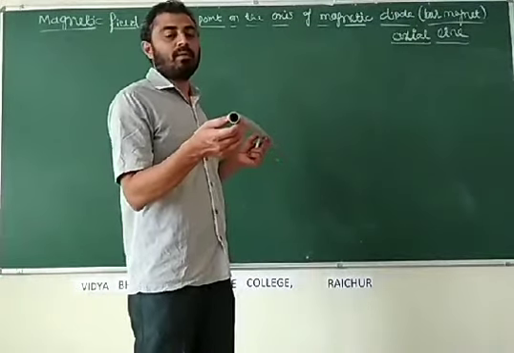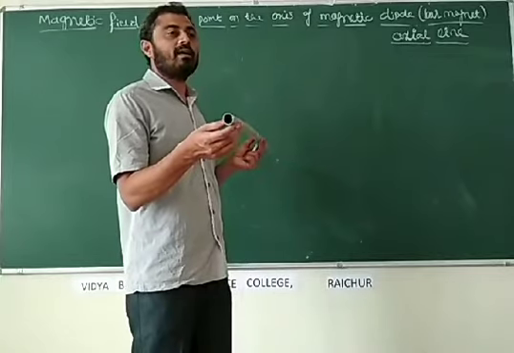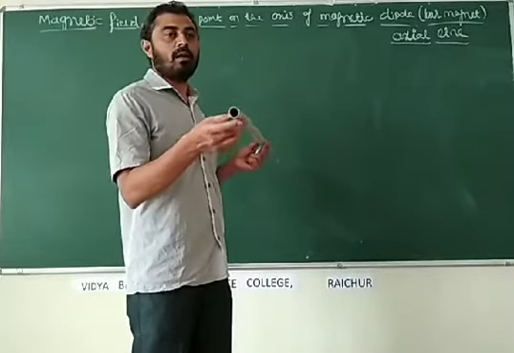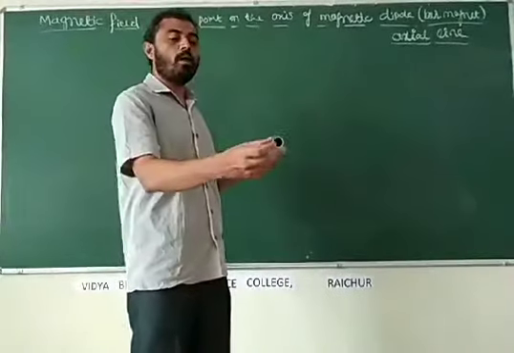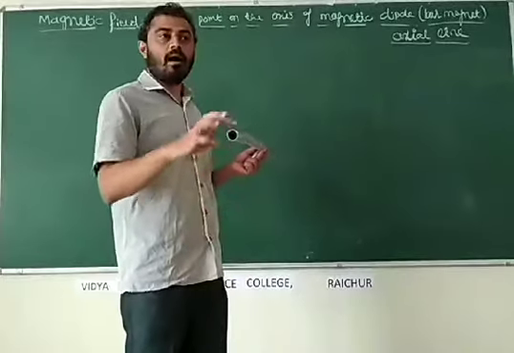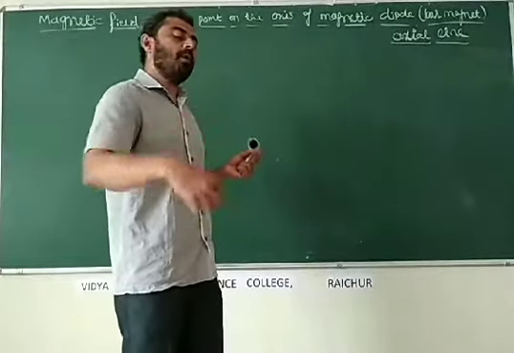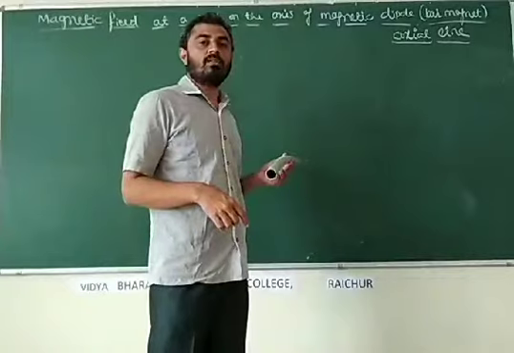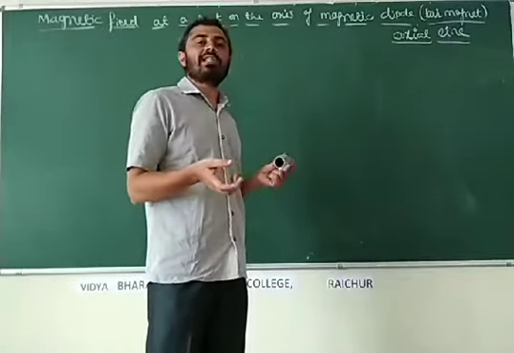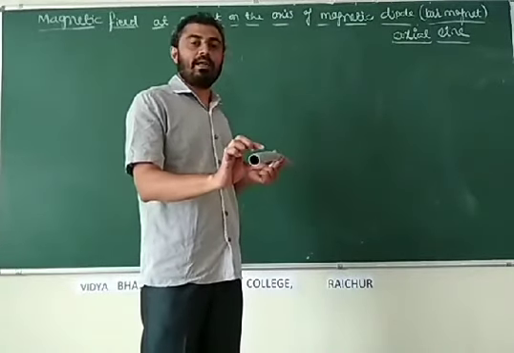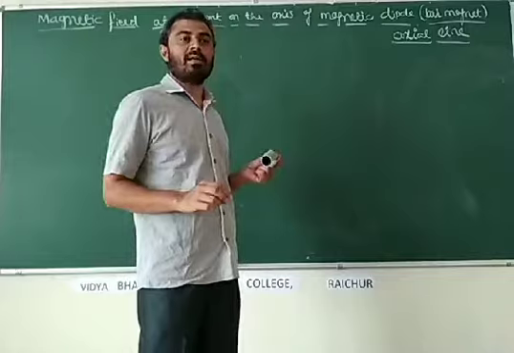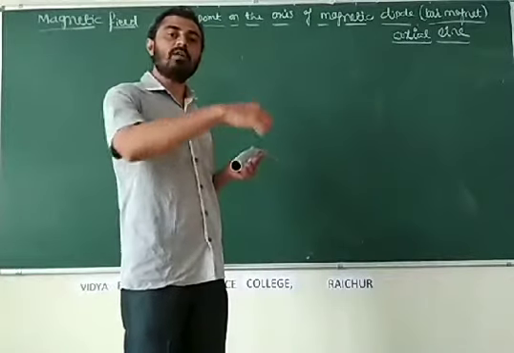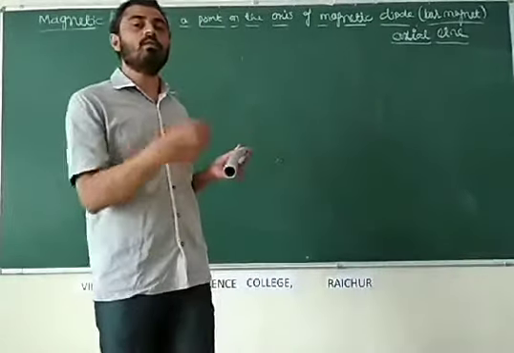You can compare this by treating it as a current carrying solenoid. Solenoid means a long hollow cylinder on which insulated copper wire is wound. Such a long hollow cylinder is made of a non-magnetic material like plastic, on which insulated copper wire is wound.